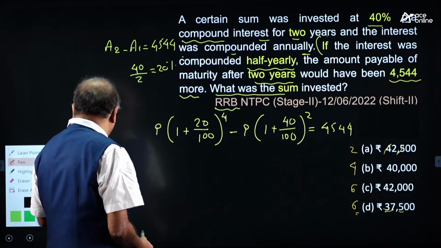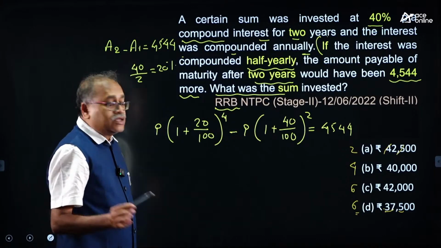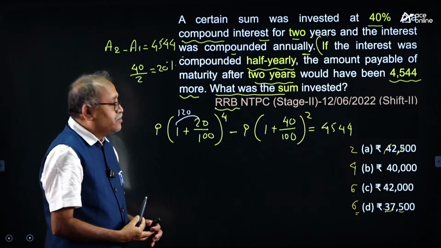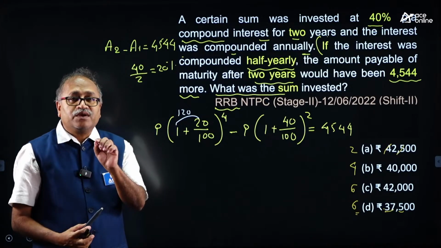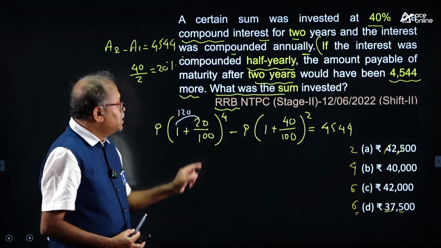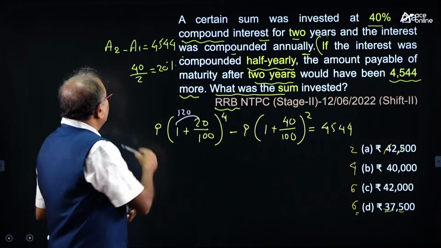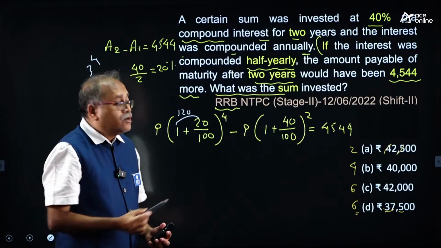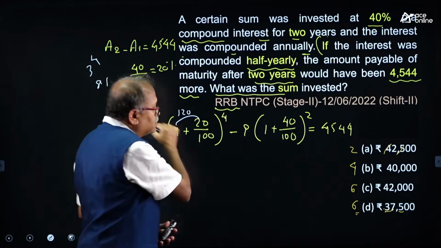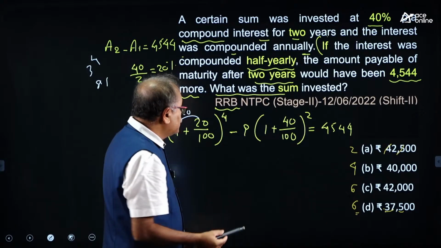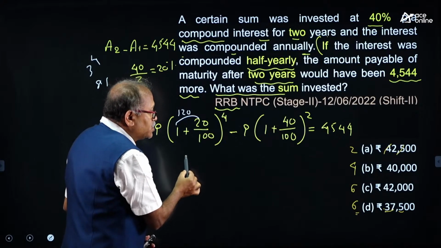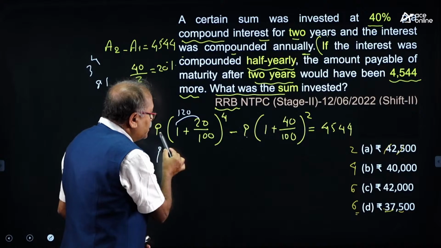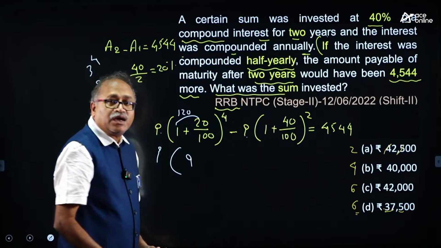Look at this, my friends. Look at this part. Here it is 120. What is the sum of the digits of 120? 1 plus 2, 3. Take the 3 to the whole power 4. What is 3 to the whole power 4? 81. What is 81's unit digit sum? 9. So, I am getting 9 over here. So, here I take the P as common, and I got the 9 here.